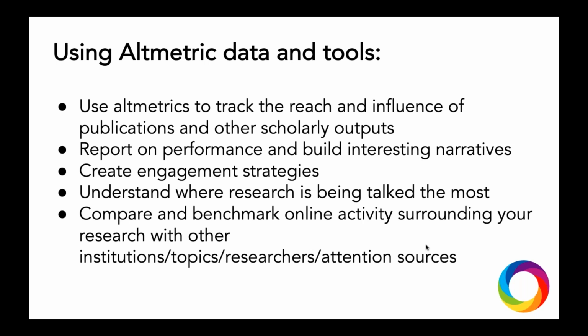This can be then used for also reporting on the performance and to build those interesting narratives, especially for early career researchers who may not have citations just yet, but we can see that some outputs have immediate attention on these different and non-traditional platforms of conversation.